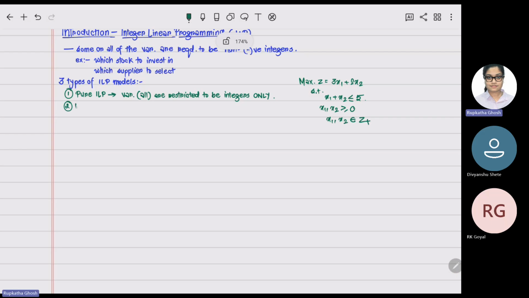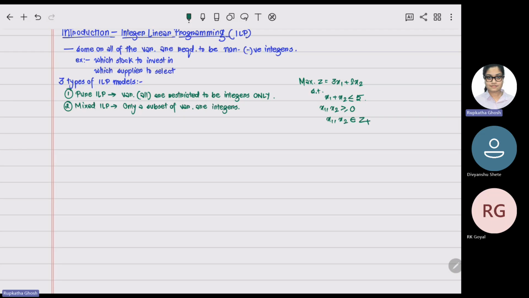The second one is a mixed ILP. In mixed ILP, only a subset of variables are restricted to be integers.